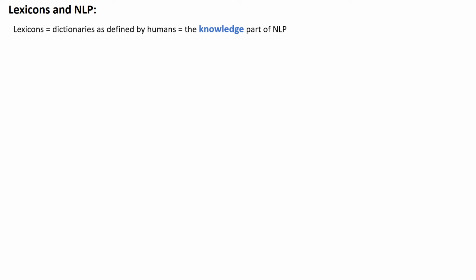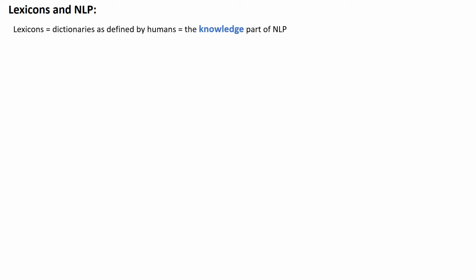So we provide a computer with a basic understanding of a language by providing a taxonomy of our language. So we define which kind of words are verbs, which kind of words are nouns, etc., etc. This is the knowledge engineering part of NLP.